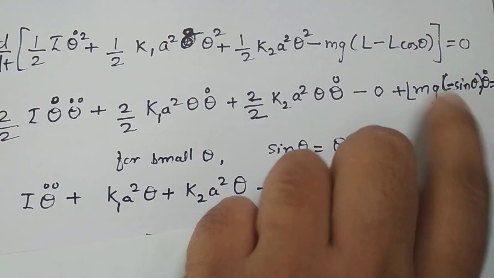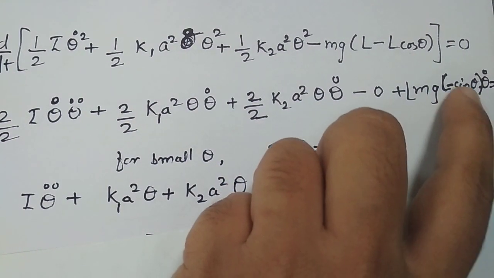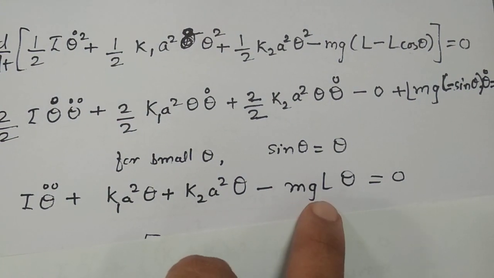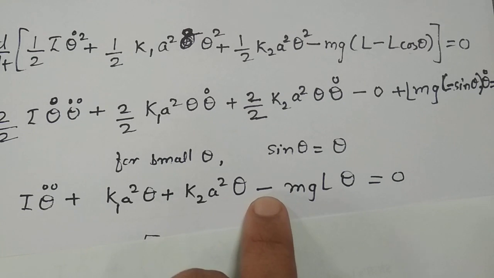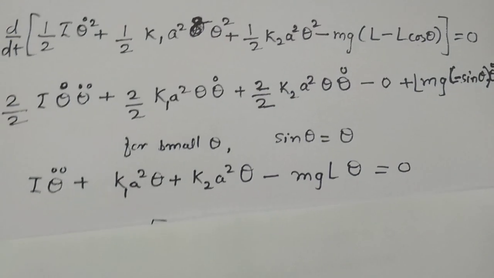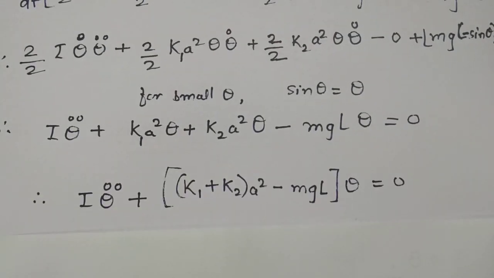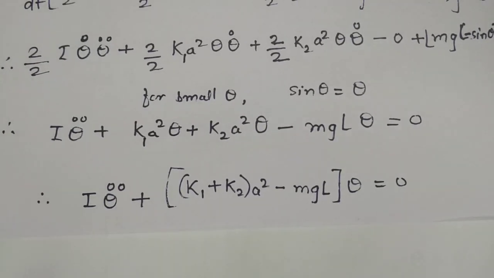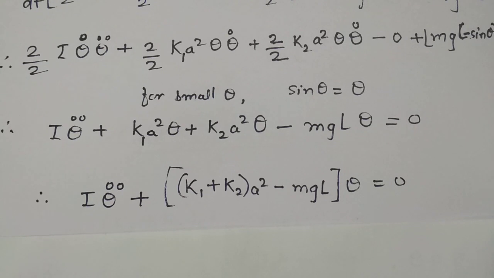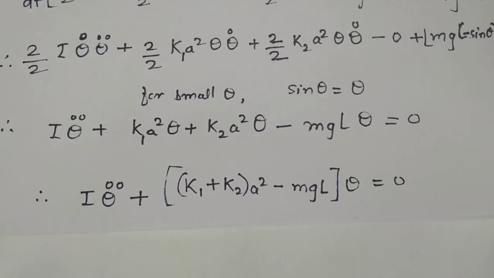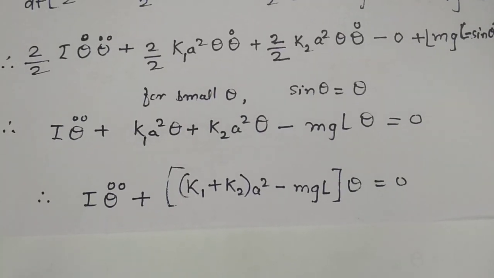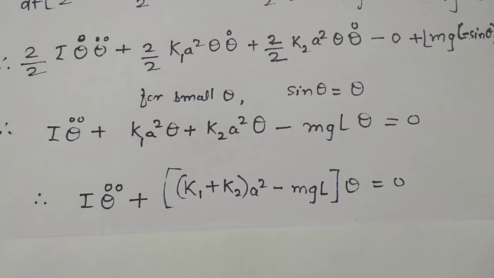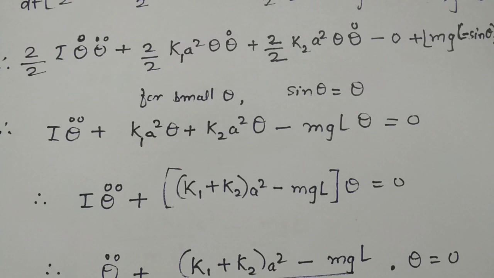The negative sign has to come outside, so that is represented here. So mgL theta is a negative term, equal to 0. By rearranging the terms, I theta double dot plus (k1 plus k2) a square minus mgL, into theta, is equal to 0.